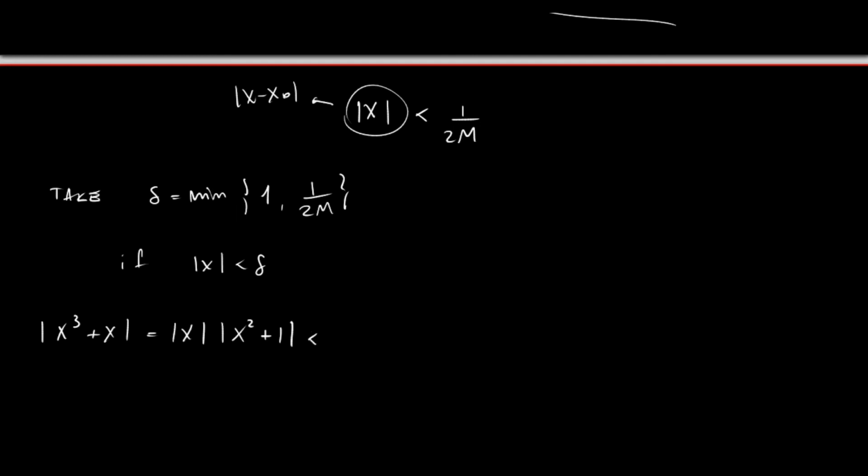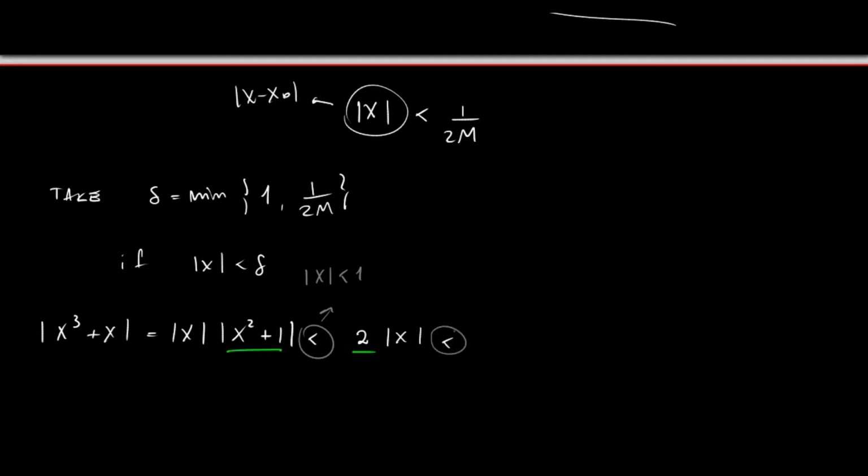And now we can make this smaller because delta is the minimum between 1 and another number, and x is smaller than delta, so the absolute value of x is smaller than 1. And so we have the bound we got before, 2 times the absolute value of x, because this is smaller than 2.